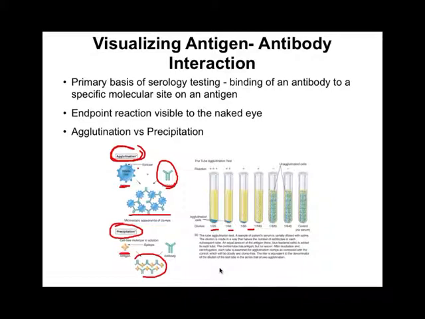And we measure their titer by finding the highest dilution of serum that produces a visible reaction. So in that case, we have this tube. So 1 over 160 is showing us the highest dilution of serum that's producing some agglutination or precipitation. Here they're agglutinated cells because agglutinated cells will literally fall to the bottom when the tubes are centrifuged.